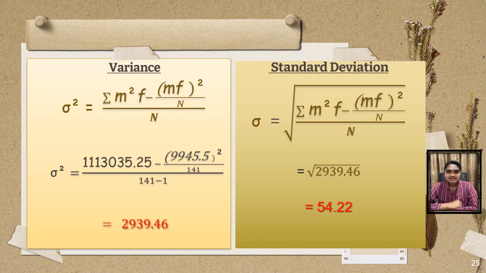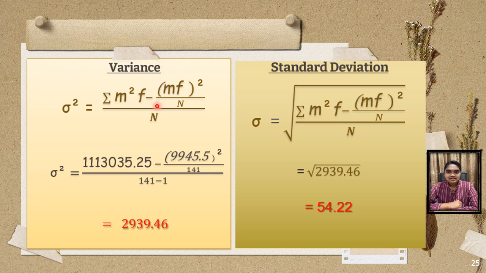As I mentioned before, our respondents included IPTA and IPTS students as well as UPSI students, so we are using population for the calculation. For the variance, the population variance is called sigma square, and this is the formula.